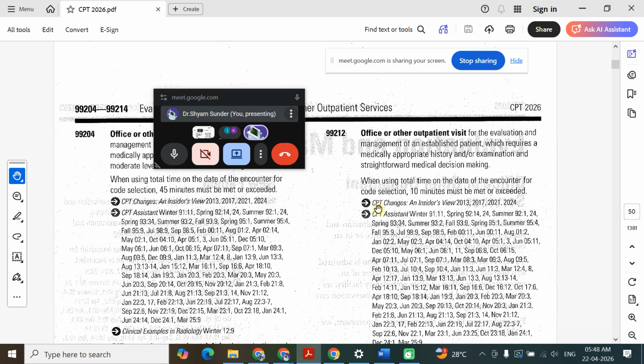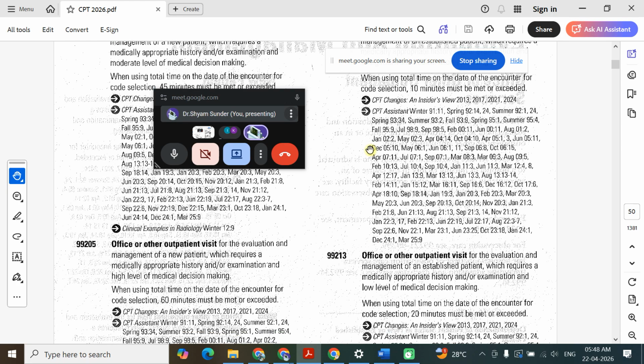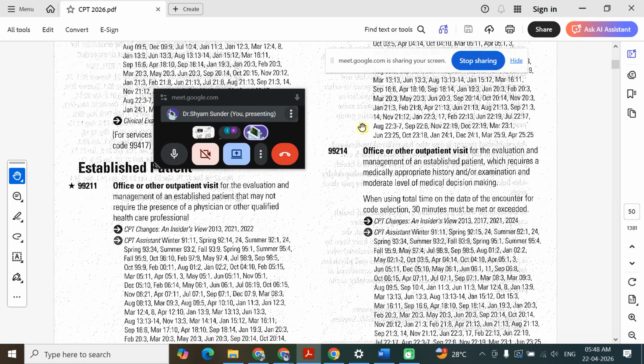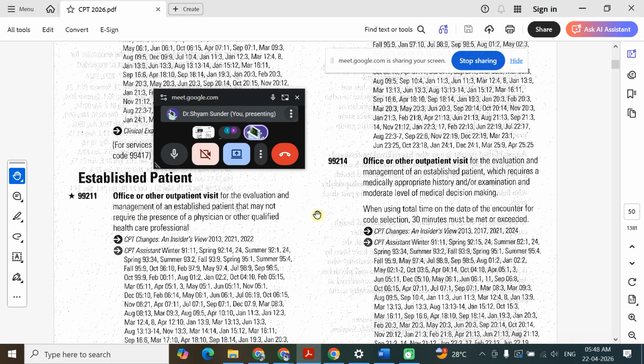So now if we move on further, let us talk about 99211. There's one extra code, 99211, for an established patient. So can you read the description for 99211?